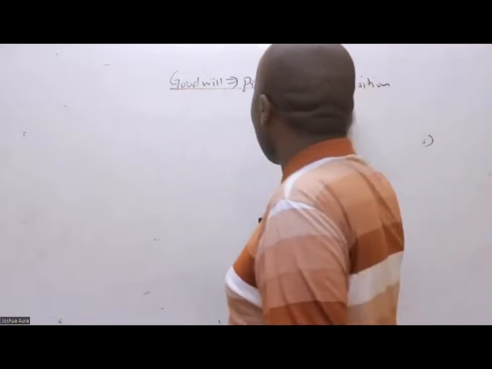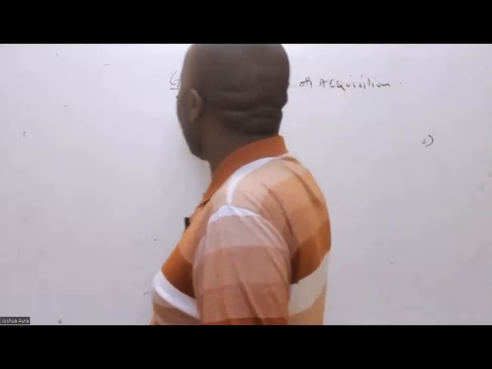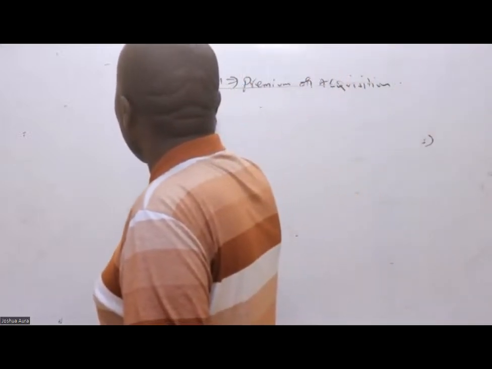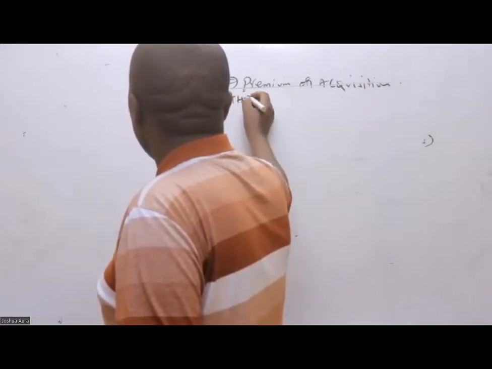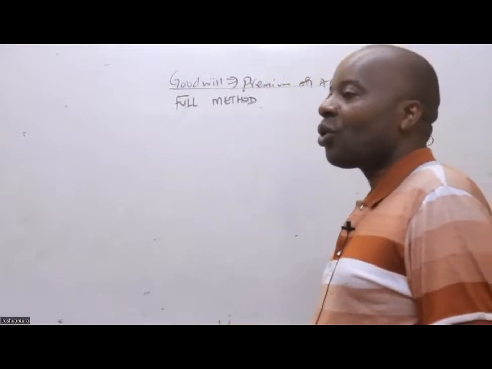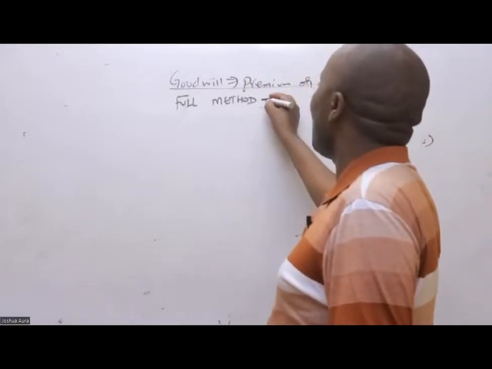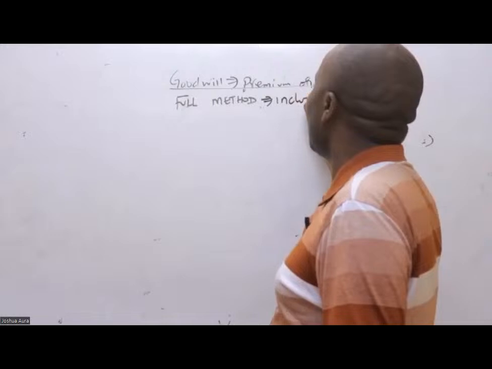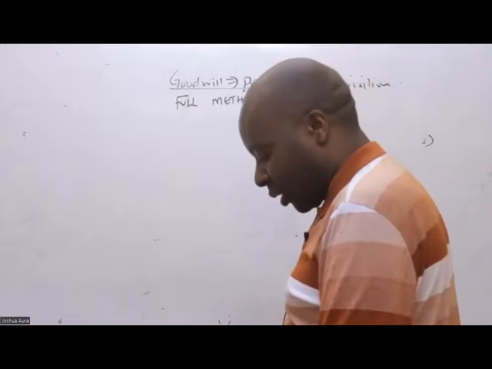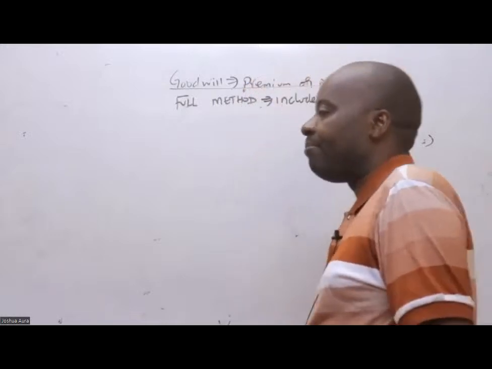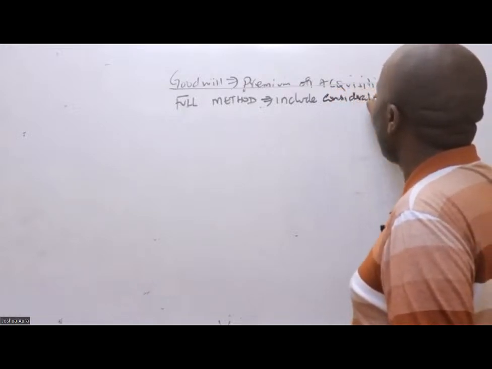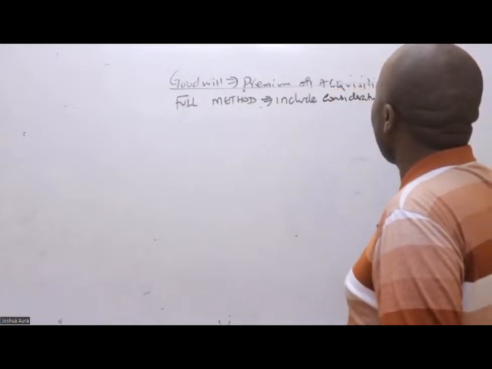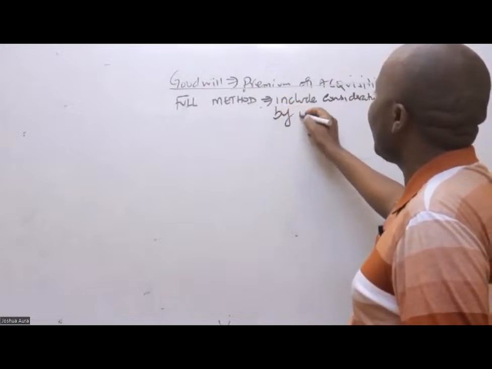There are two methods of calculating goodwill. I'll show you in a moment. We have what we call the full method and the partial method. In the full method, we include the consideration paid by NCI. NCI is non-controlling interest.